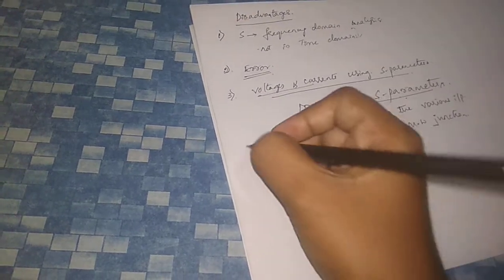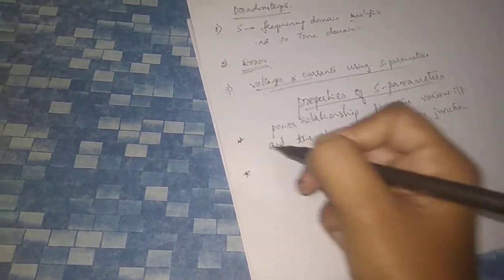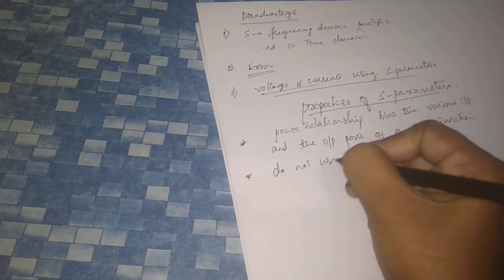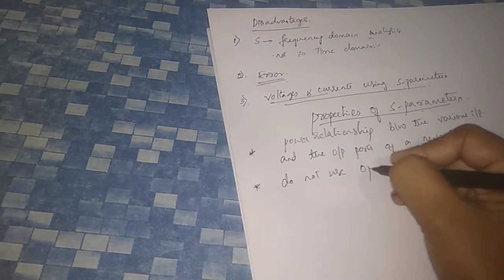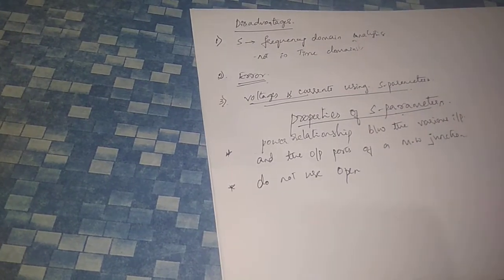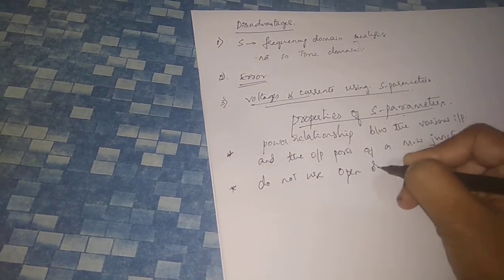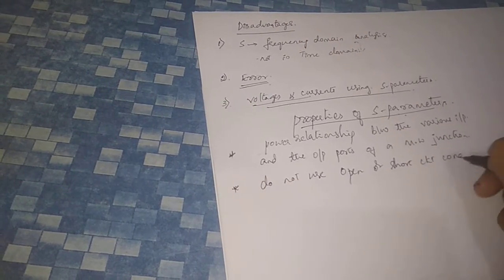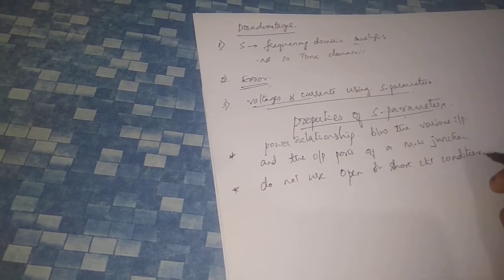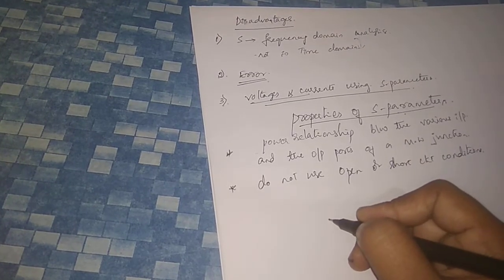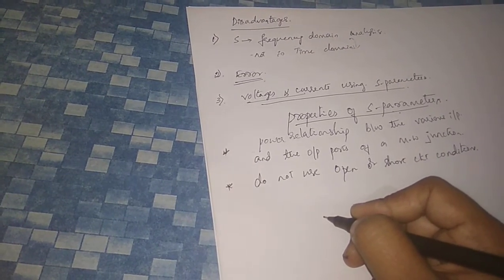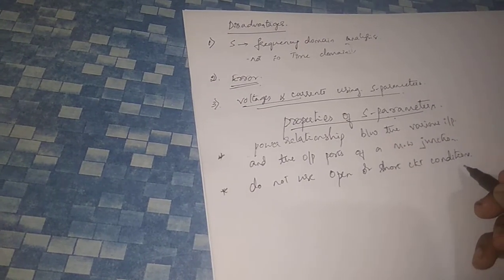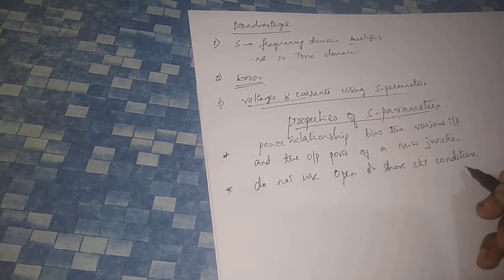And one more thing is these S parameters do not use open or short circuit conditions. It will not use open or short circuit conditions to characterize a linear electrical network.